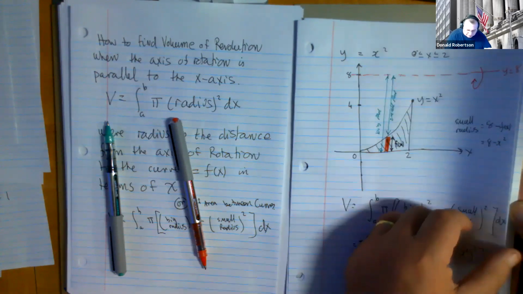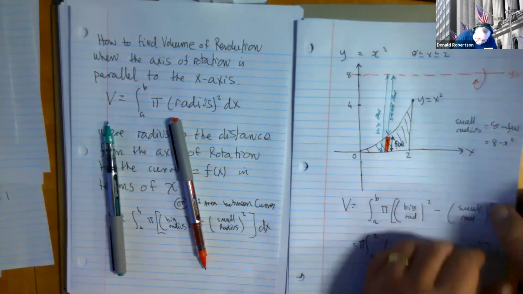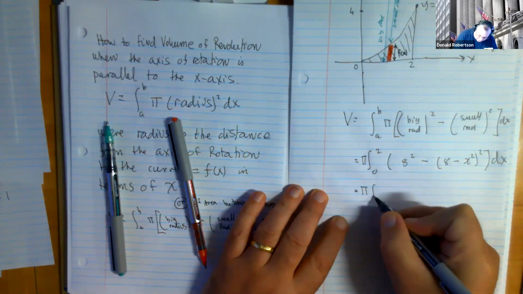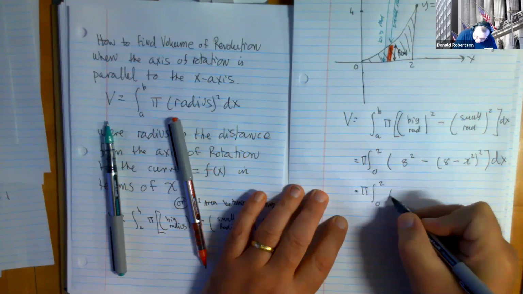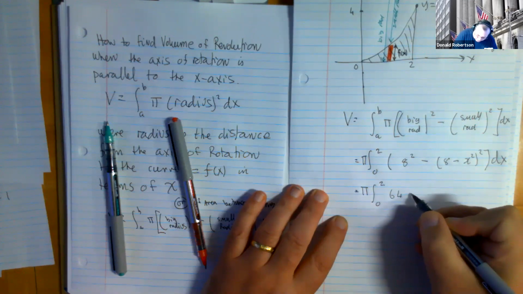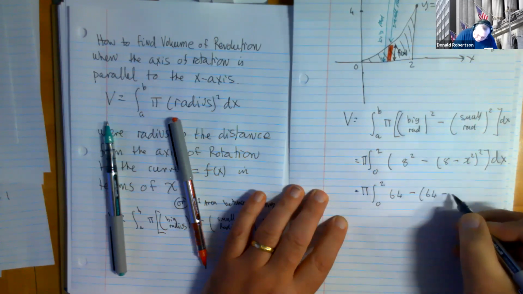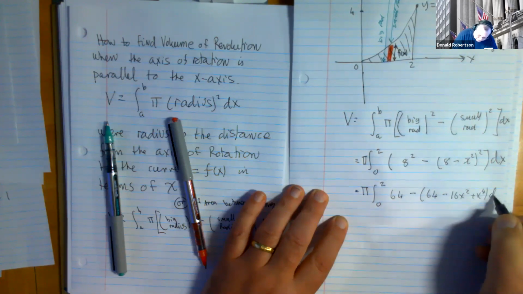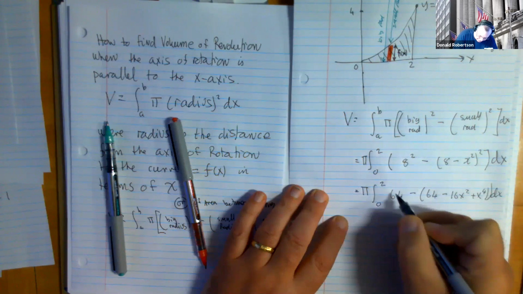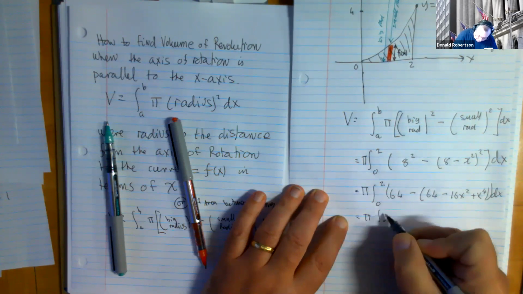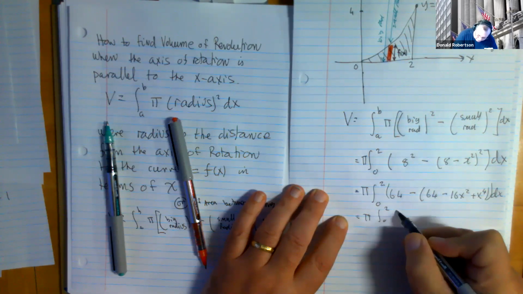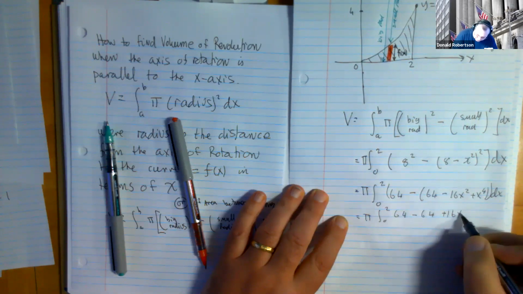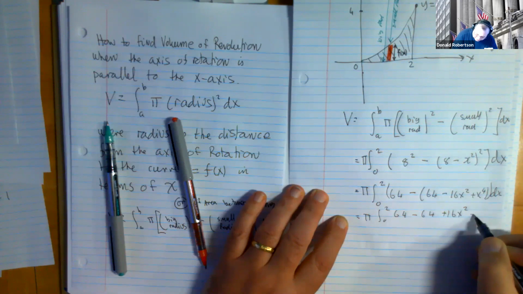So let's take it a little further. It's going to be the integral from 0 to 2 of 64, take away 64 minus 16x squared plus x to the 4. That's the integral from 0 to 2 of 64, take away 64, add 16x squared, and subtract x to the 4.